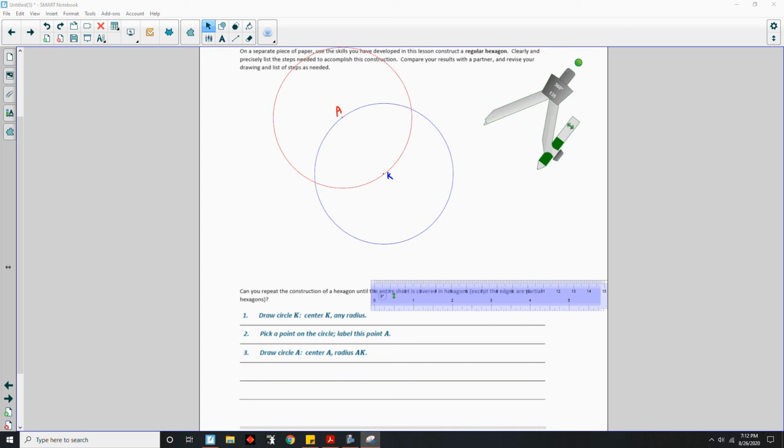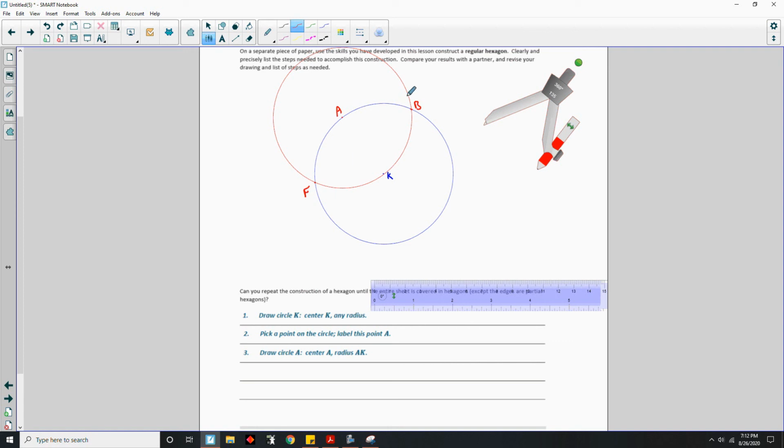Then we're going to label the intersections of circle A with circle K as B and F. So now I'm going to label this point right here B, and this point here F. Why is that?